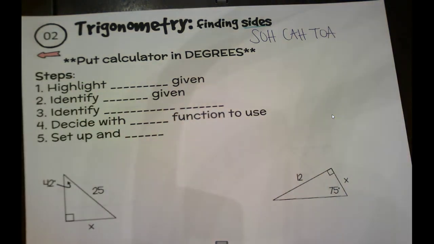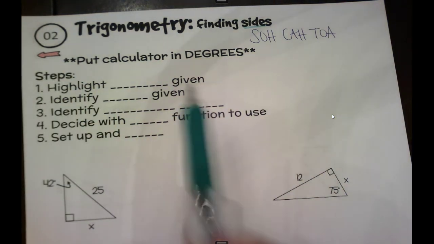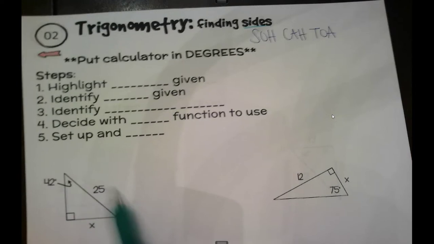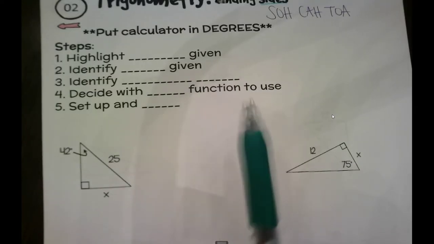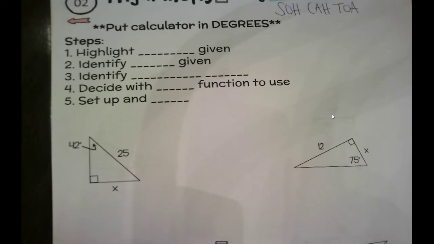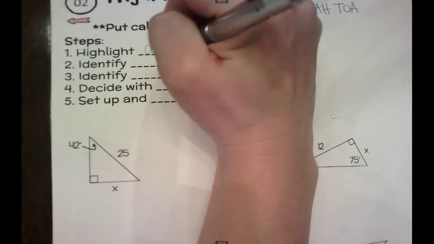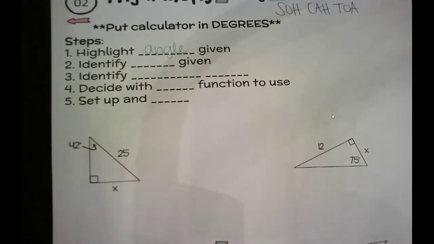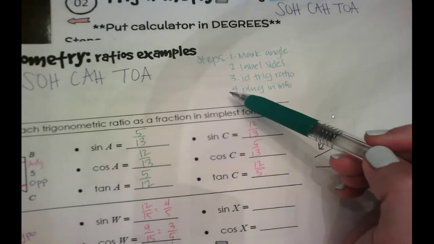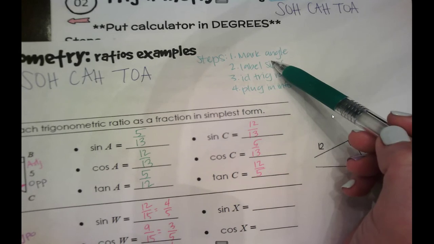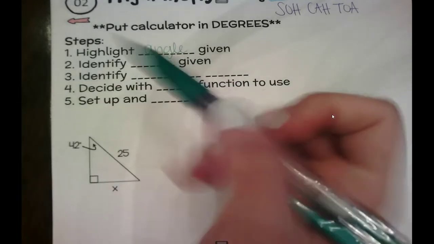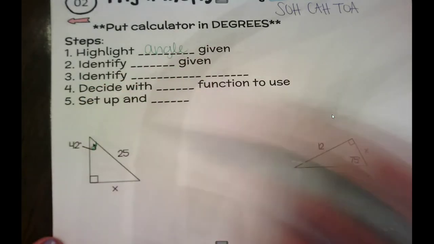Okay. I'm going to go through this example while I'm going through the steps. So our steps are going to be to highlight the angle that's given. Remember, whenever we were finding our trig ratios, the first step was to mark our angles. Similar. We're going to mark which angle we have.